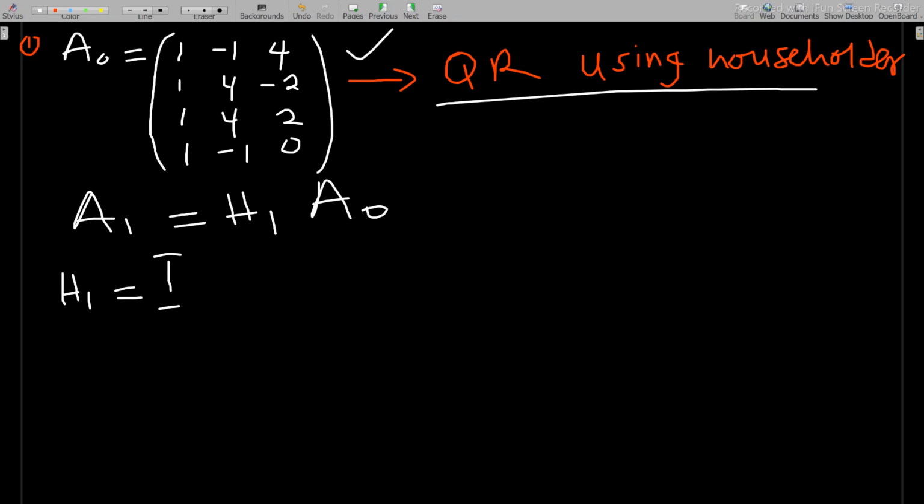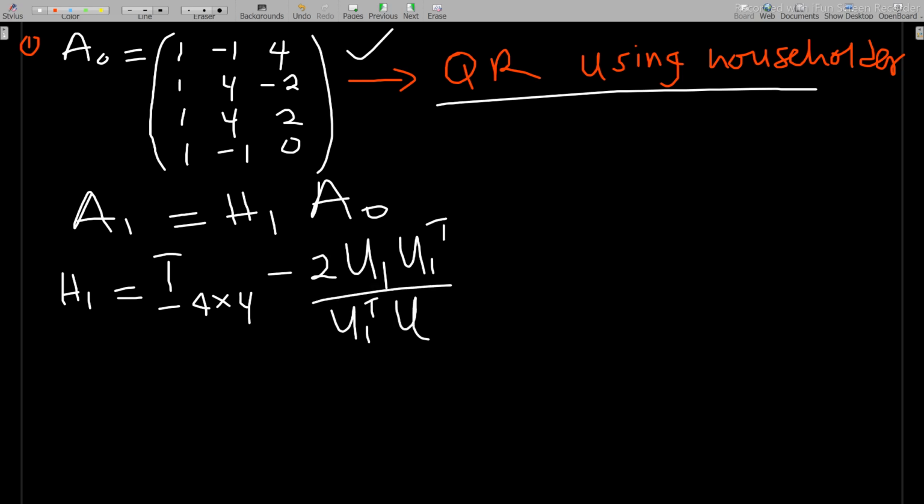So let me put this here: I 4 by 4 minus 2u1 u1 transpose over u1 transpose u1.